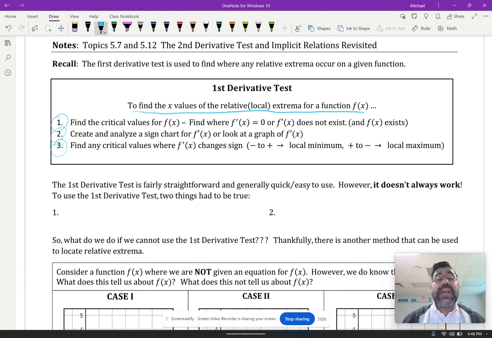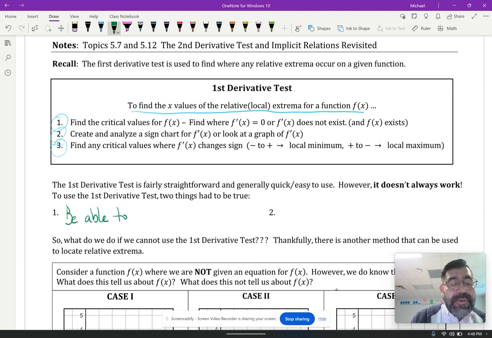And so basically, most students think first derivative test, I have to build a sign chart. And so we have to make sure that we realize we need 2 things to be true. We have to be able to find the critical values of f.